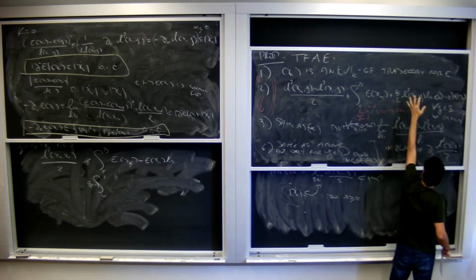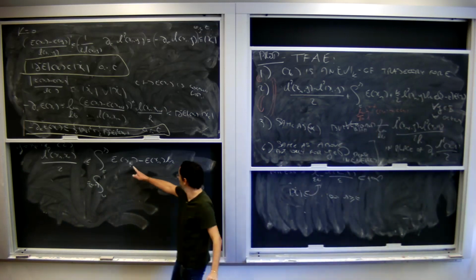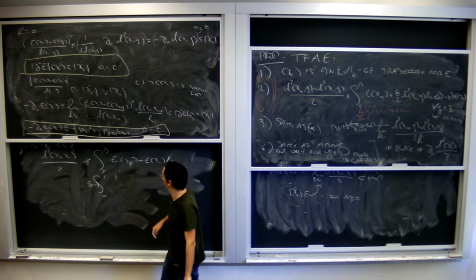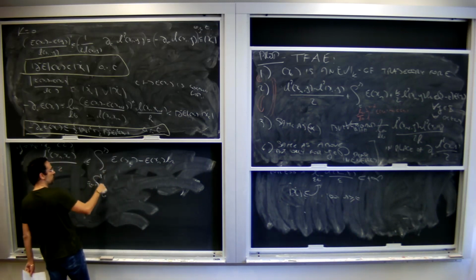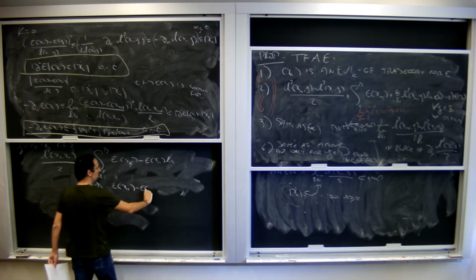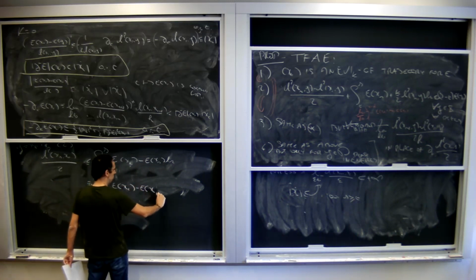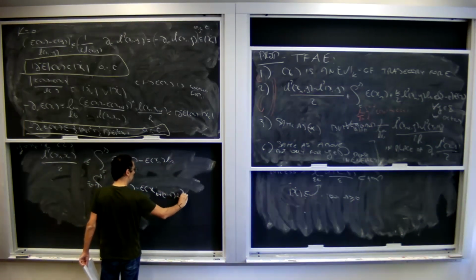This term gets out, so I get the energy of xt minus the integral of this. Now I rescale this integral. I change the variable, and this is the integral of the energy of xt minus the energy of x at t plus s minus t times r.